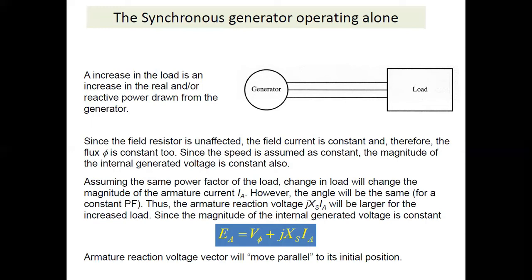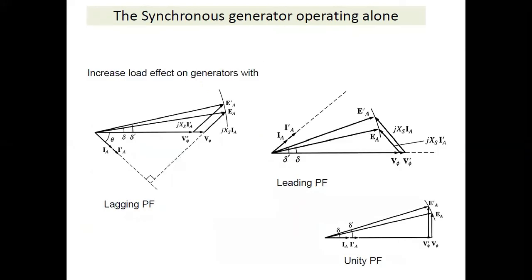So whenever there is an excess amount of load on the system, more current will be extracted by the armature circuit, and when we have more current from the armature circuit, we'll have more drop across the synchronous reactance. So that can be made clear from this.